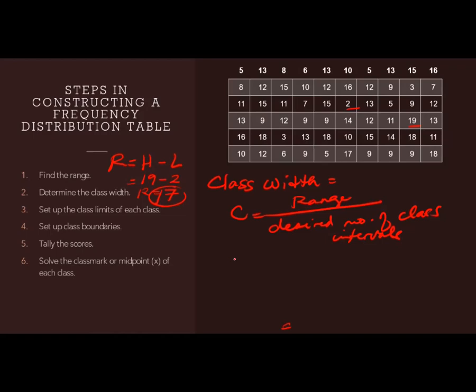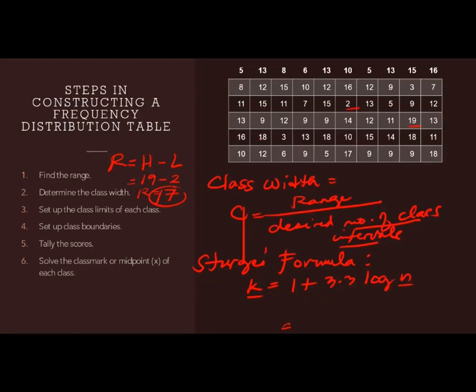Another way for us to look for the number of class intervals is by using the Sturges formula. The Sturges formula is defined by K equals 1 plus 3.3 log n, where K is the number of class intervals and n is the total number of observations.